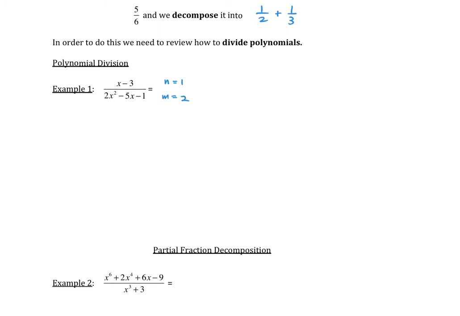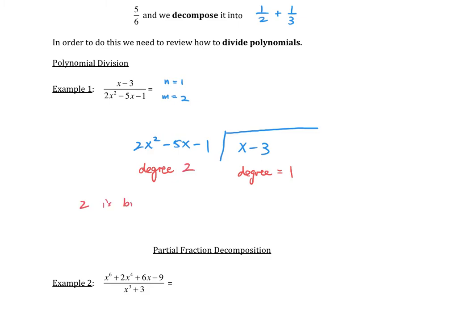So when I go ahead and try to divide these polynomials, the numerator goes inside this little house. So this is like an x minus 3. And the divisor, the bottom, goes to the right of that little house thing. This is 2x squared minus 5x minus 1. So the degree inside here is equal to 1. The degree of the polynomial we're trying to divide by is degree 2. 2 is bigger than 1.